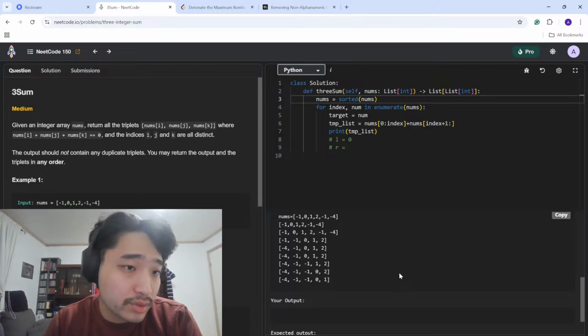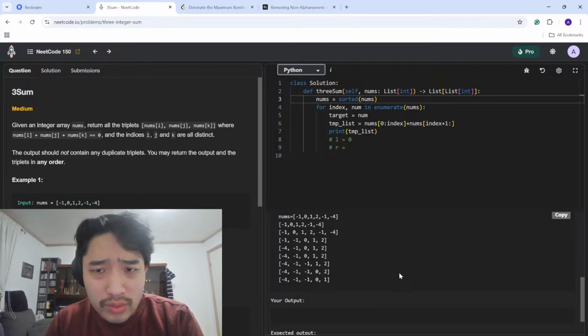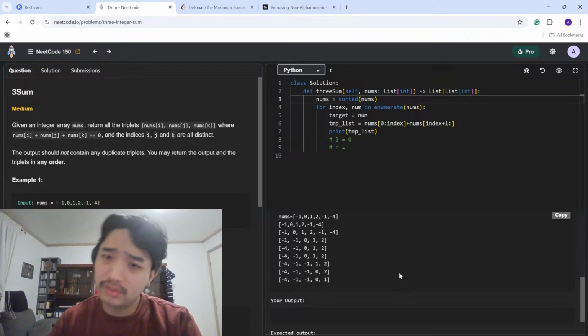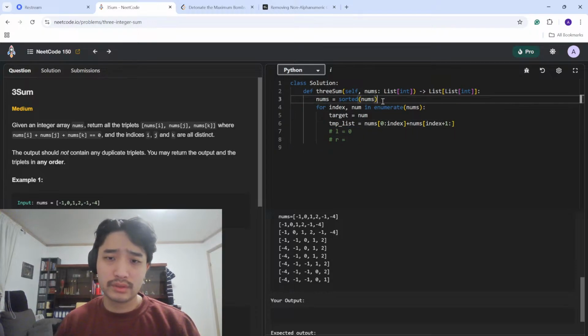All distinct outputs should not contain any duplicate triplets. You may return the output and the triplets in any order. Why can't I sort it? This is almost embarrassing. Like, I know this part works.